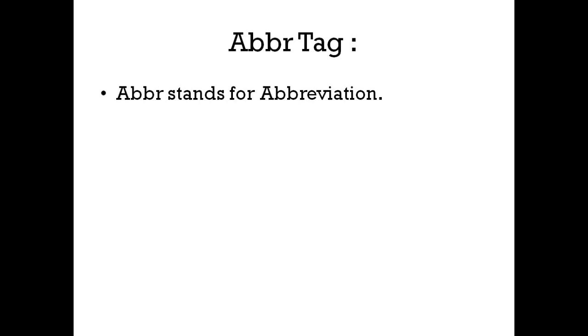When I move my cursor on that HTML, it will show me the full form, like hypertext markup language, in a small pop-up box. So that is called an abbreviation, showing the information about a particular text or object, and anything can be there.